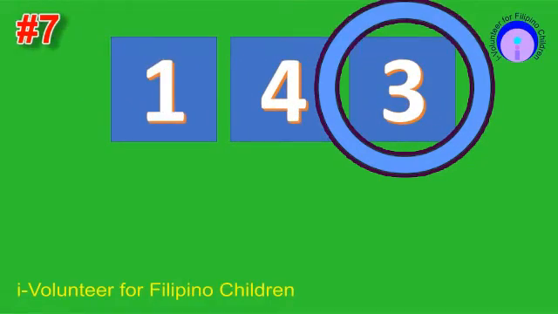Item number 7. What is the place value of this digit? Digit 3 is in the ones place.